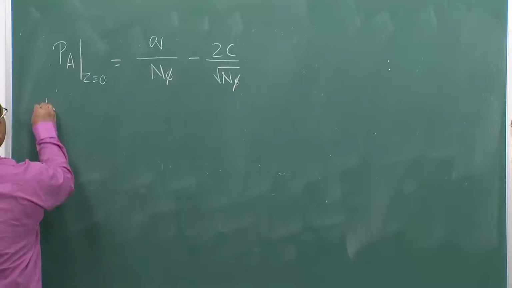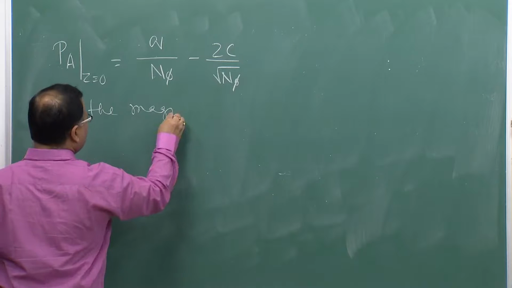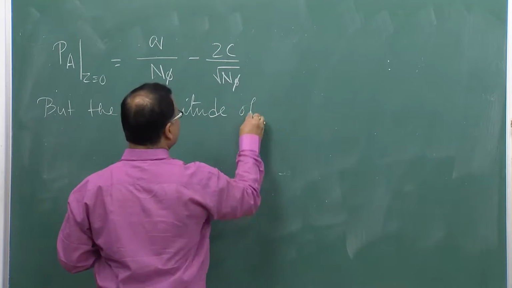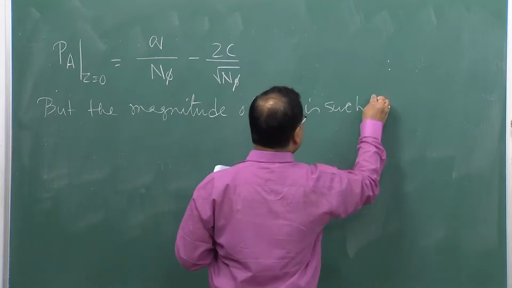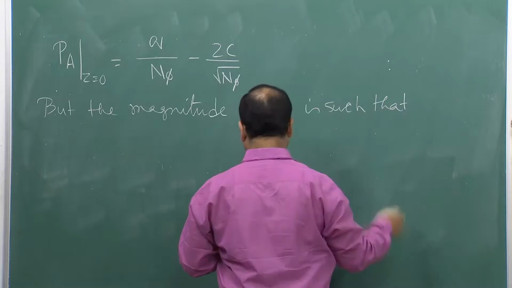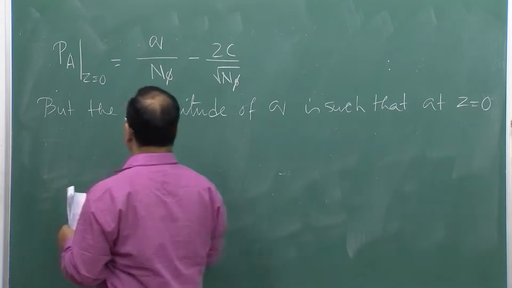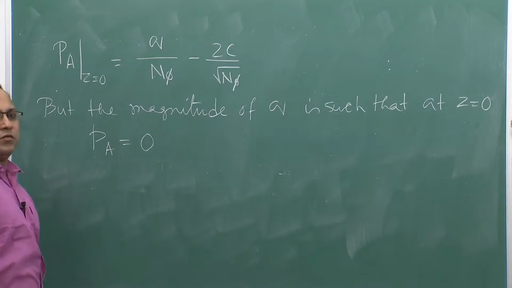So, the magnitude of Q is such that at Z equal to 0, active earth pressure is 0, right.